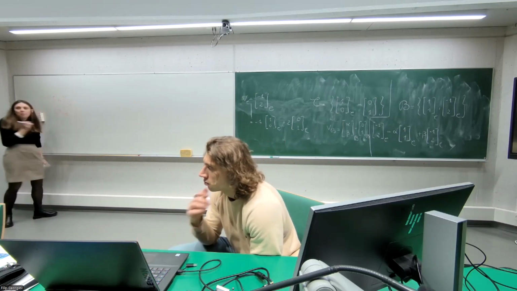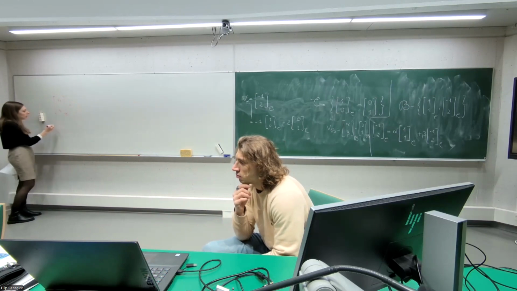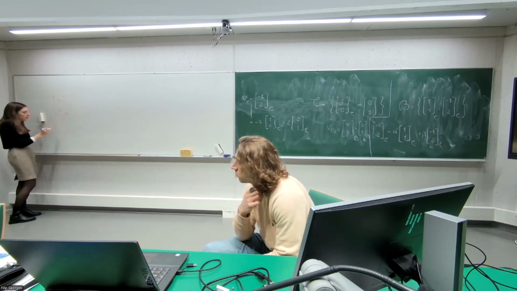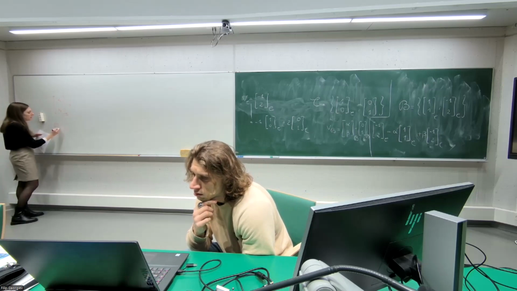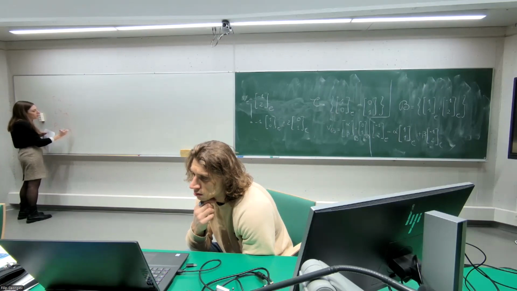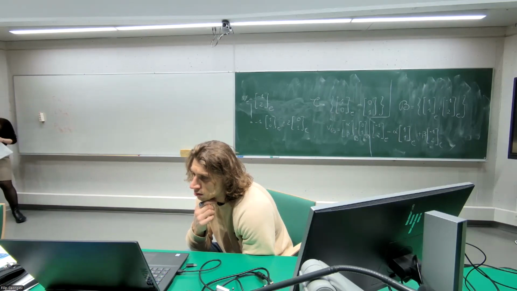So I want a matrix P such that, given a vector with respect to the basis B, gives me back the vector written with respect to the basis C. So the change of basis from B to C.